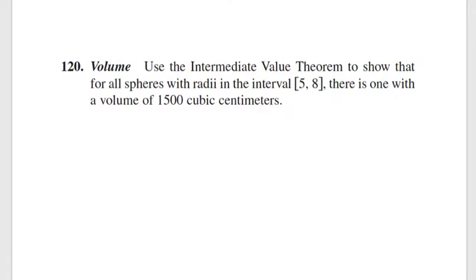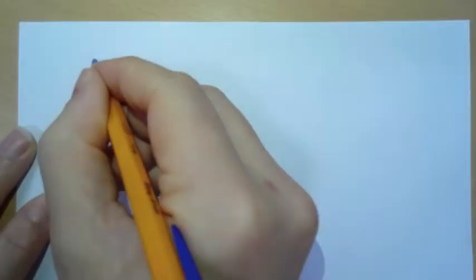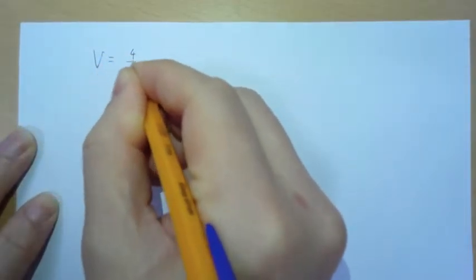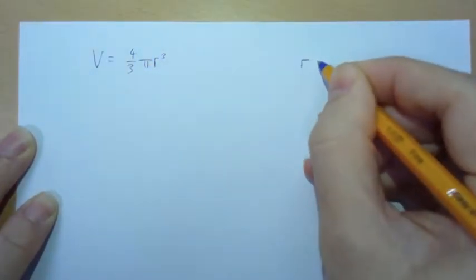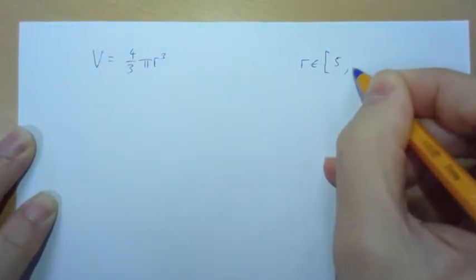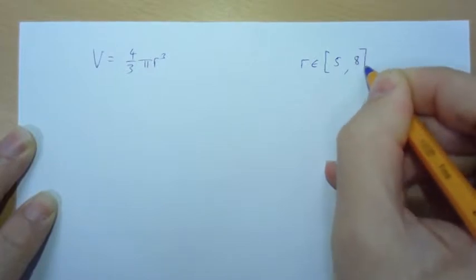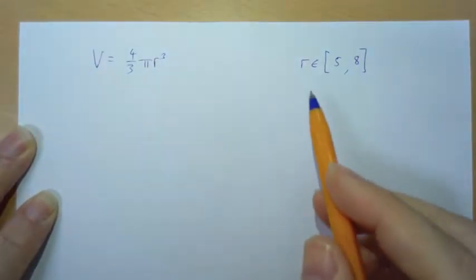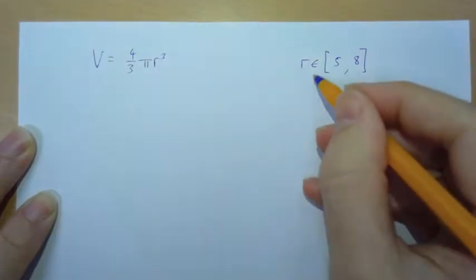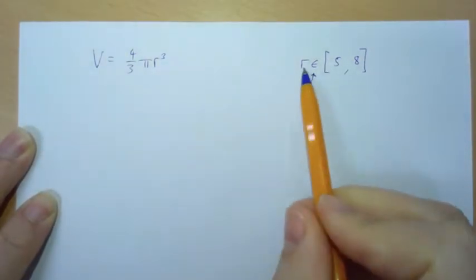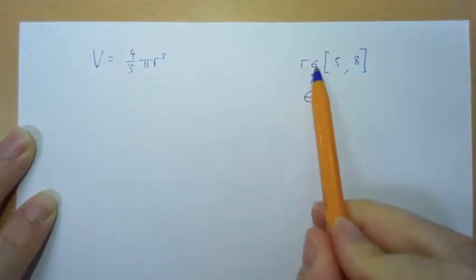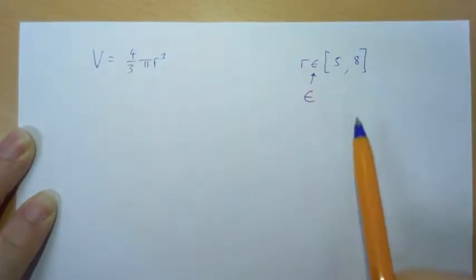So, the volume of a sphere is 4 over 3 pi r cubed. And we know that we are looking for radiuses that are between 5 and 8. This sign here, which is like this, means is included. So the radius is included in the interval from 5 to 8.